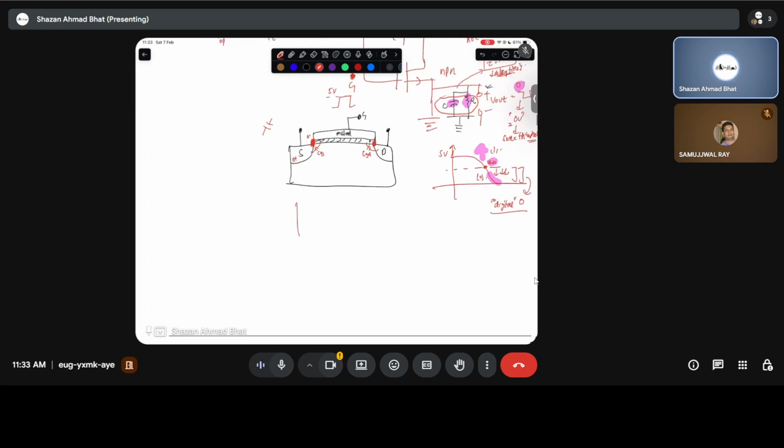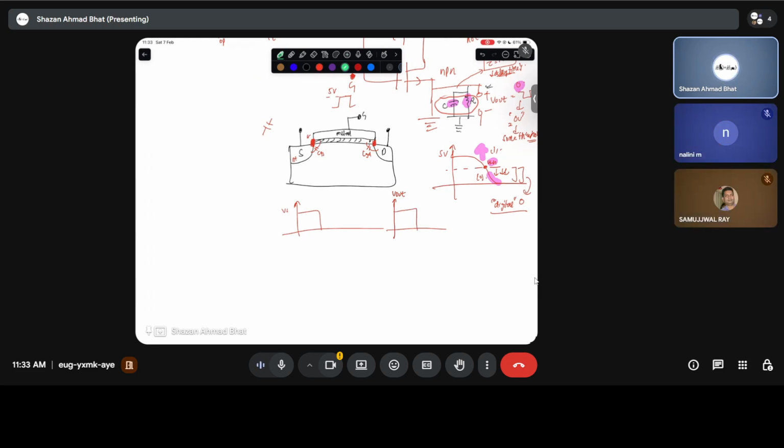That means if you give, for example, a step voltage like this at the source end, then at the drain end or the output end, how is the voltage going to rise? Maybe it's not going to rise like this.